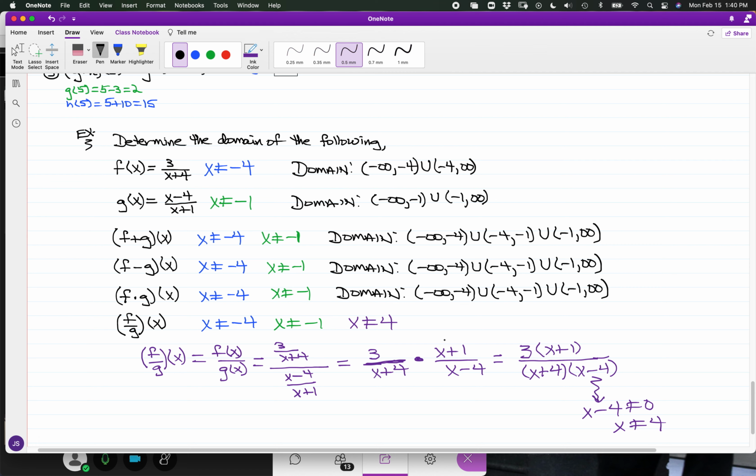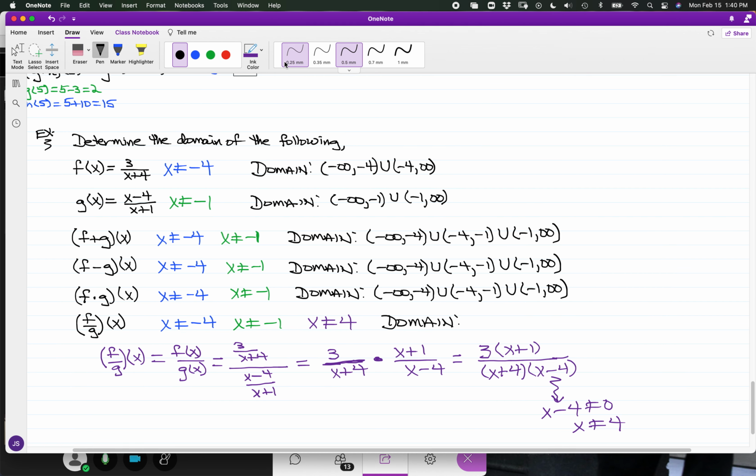And so for the domain of the quotient function, we have more restrictions, so you're going to have a kind of long interval notation for the domain. Starting from smallest to largest, you have those values of x less than negative 4. After negative 4, you have approaching negative 1.